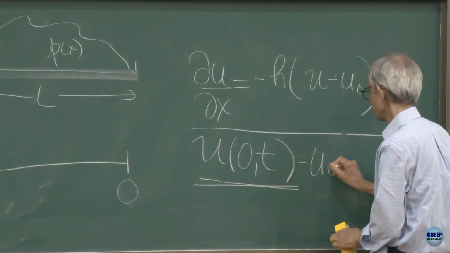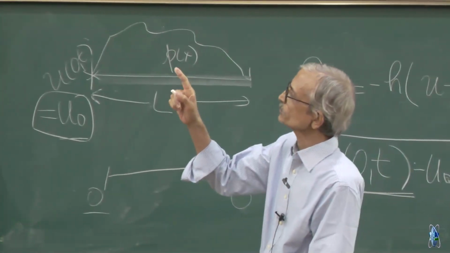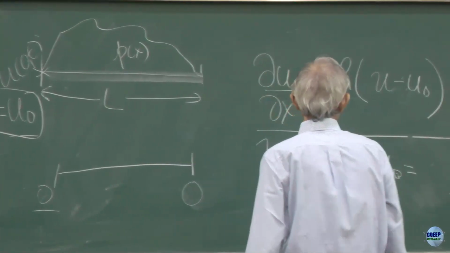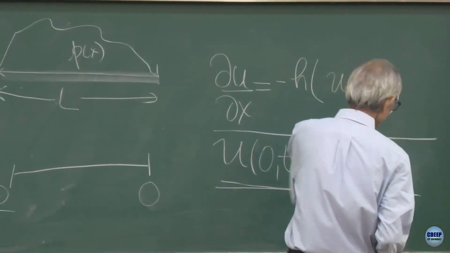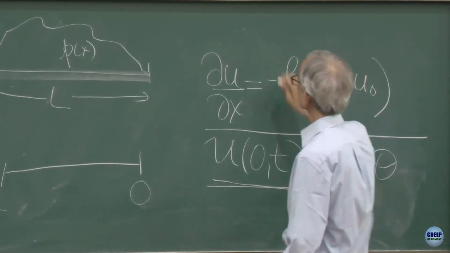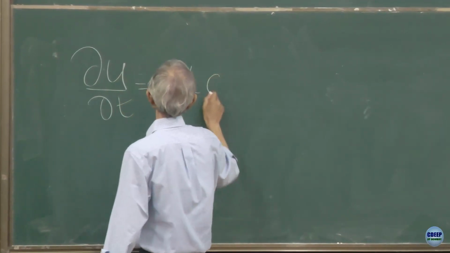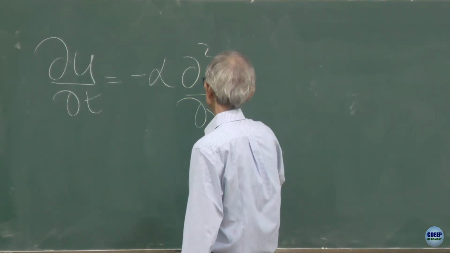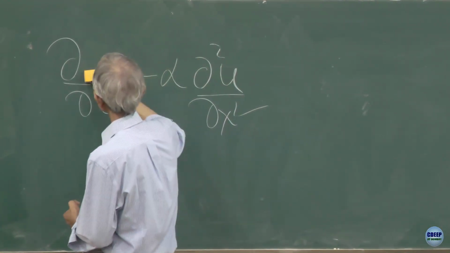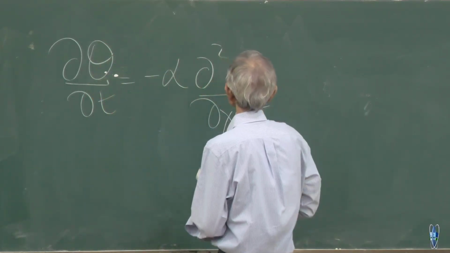This was what was there on the midsem also in some sense. So we say that u minus u naught, I am going to call it theta, which is another variable here. Now I can write my governing equation, del u del t is equal to minus alpha del square u del x square, and I can just replace u with theta, since u0 is some constant.